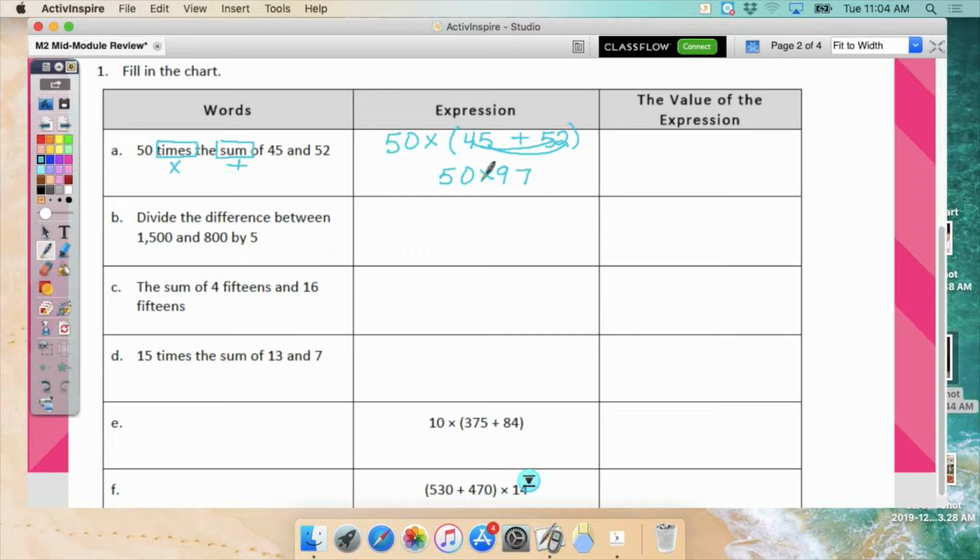Now I have a trick for multiplying this out. I can just take 97 times 5 and then put my 0 back on. So that's what I'm going to do over here. 97 times 5. Don't tell me the answer. Make everyone practice it.